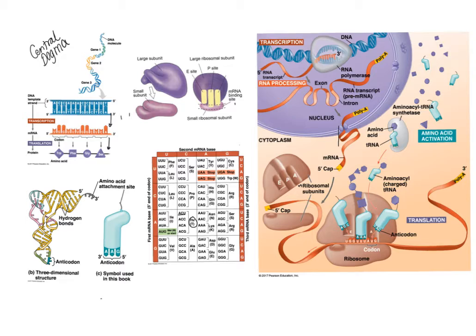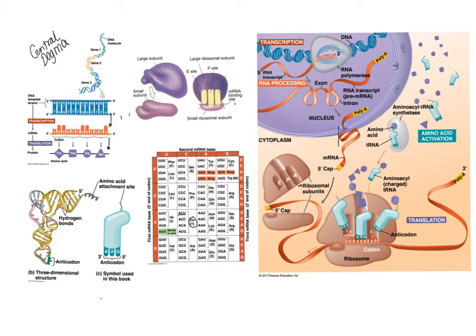And so you might remember from last lesson that in a eukaryotic cell and a prokaryotic cell, transcription occurs with the help of an enzyme called RNA polymerase, which creates that mRNA molecule.